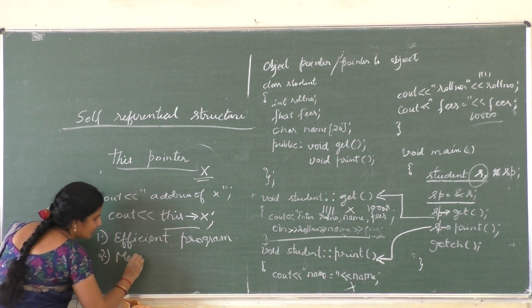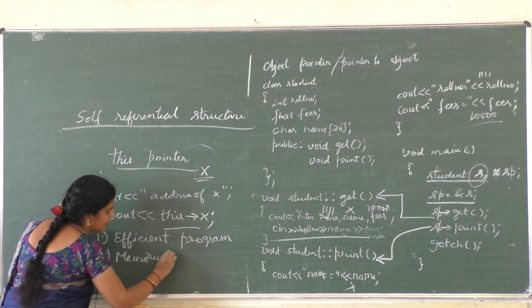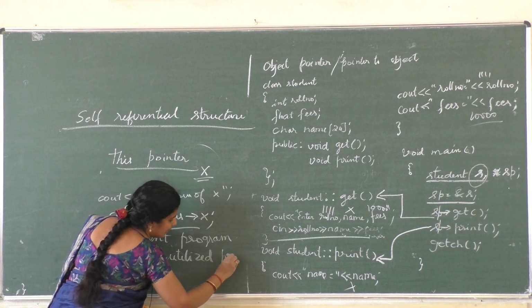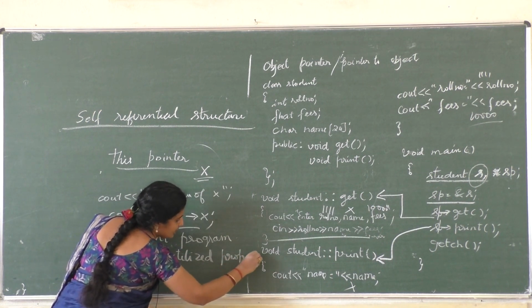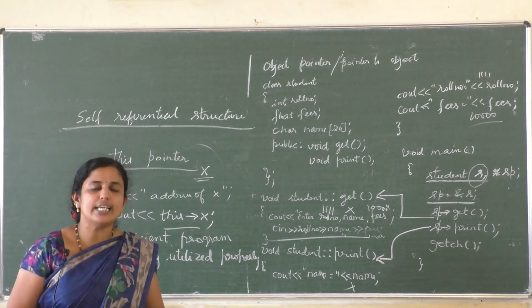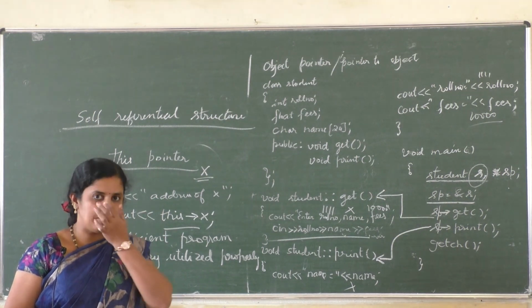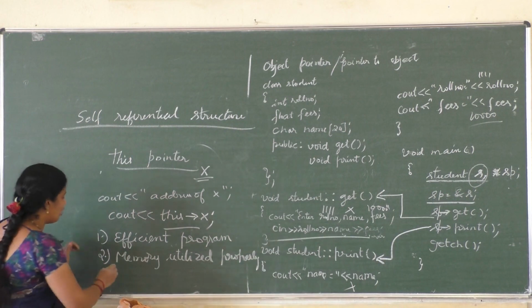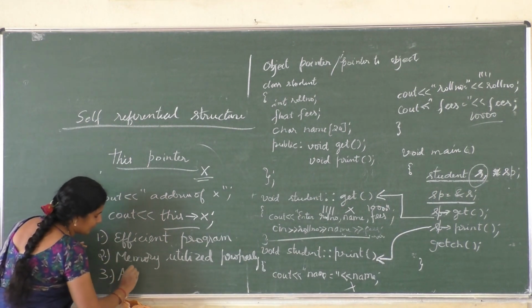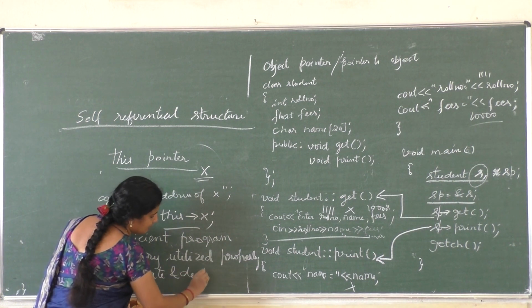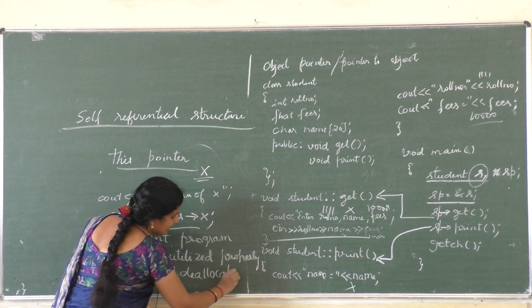Memory utilization is efficient; memory is utilized properly. And allocation and deallocation of memory can be done during execution.